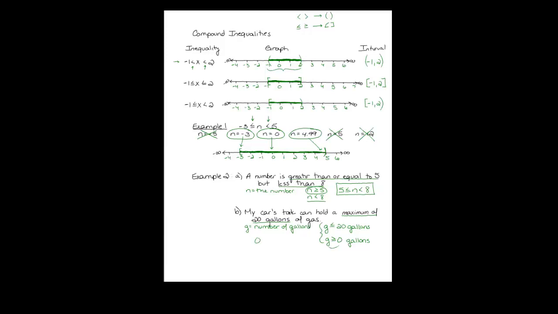And again, kind of just flipping everything around here. If G is greater than or equal to 0, that means that 0 is less than or equal to G. And then we also know that G has to be less than or equal to 20 gallons.